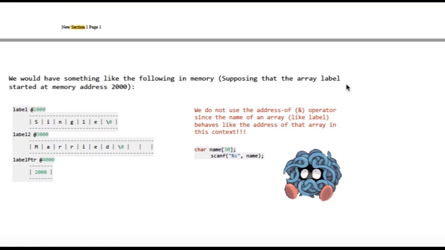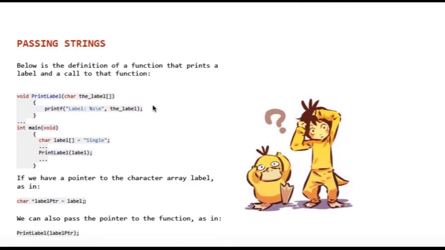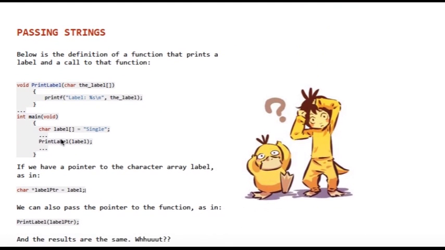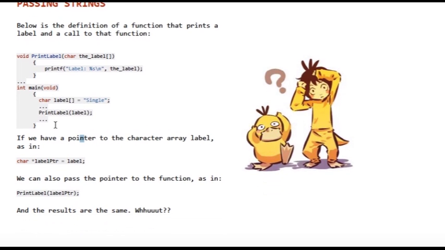Passing strings to functions is really interesting. Below is the definition of a function that prints a label and a call to that function. Since label is a character array and the function printLabel expects a character array, this makes sense.